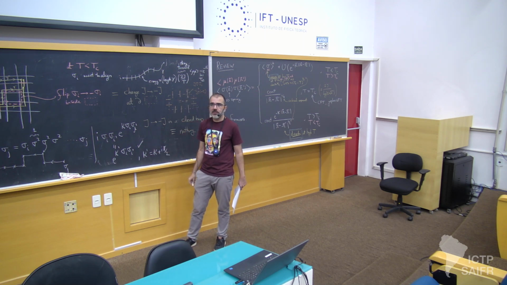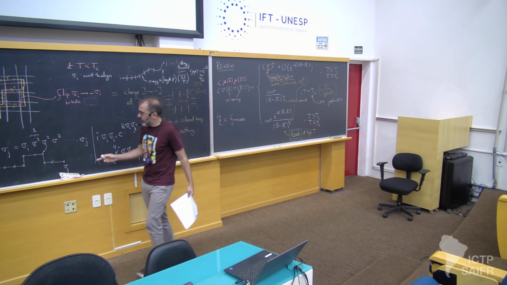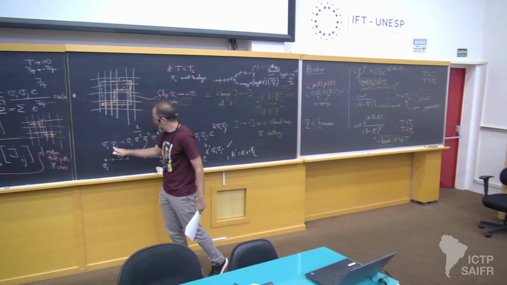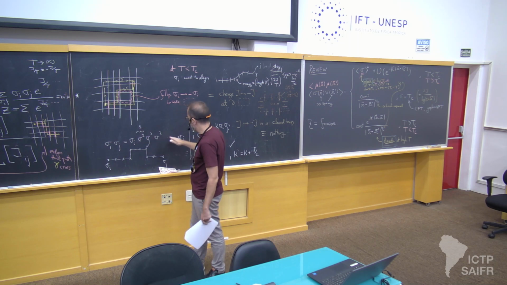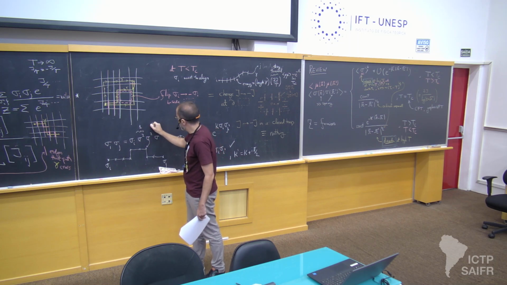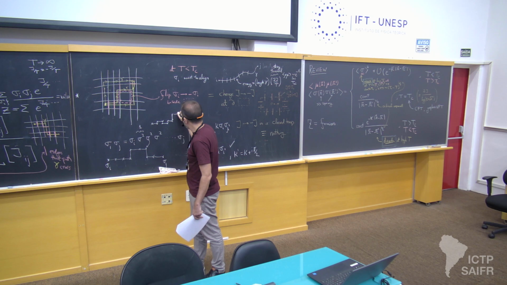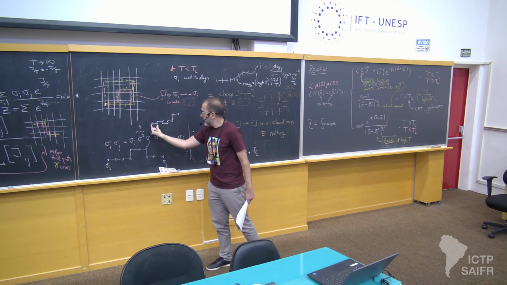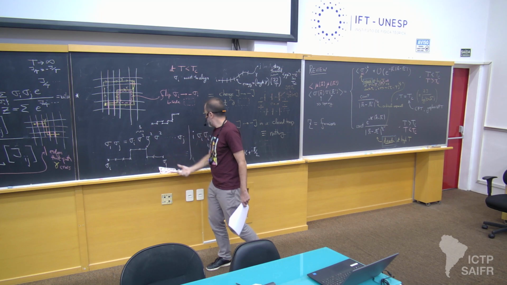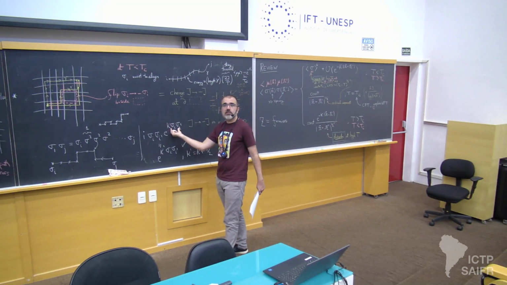Do you agree? Okay, so I'm done, because now I have this sigma i, sigma j. I wrote it like this by putting a bunch of ones, but this is nothing but multiplying sigma at this link times sigma at this link times this link times this link. I just multiplied a bunch of links. And for each link, I have these sigmas and the corresponding exponential in the weight.